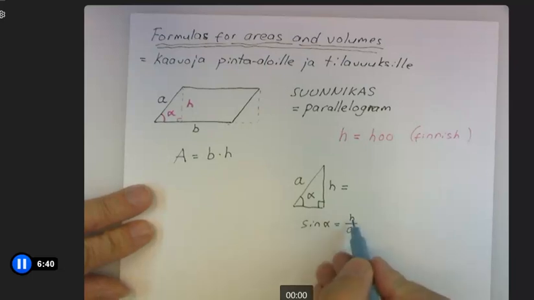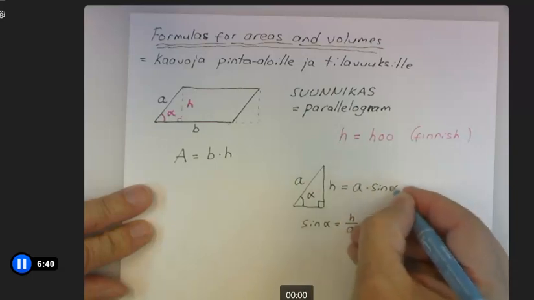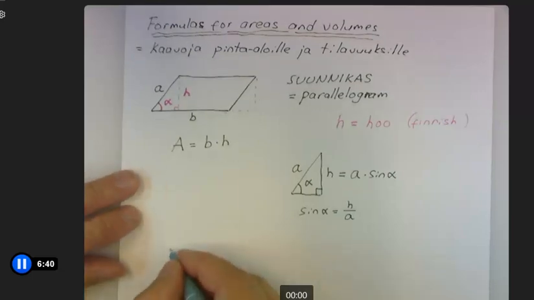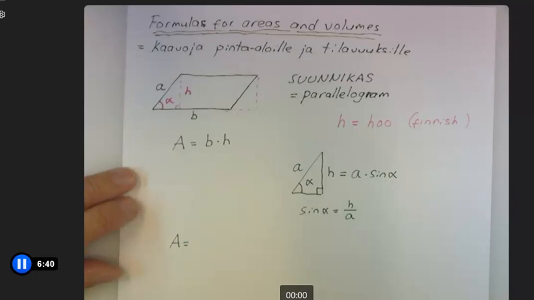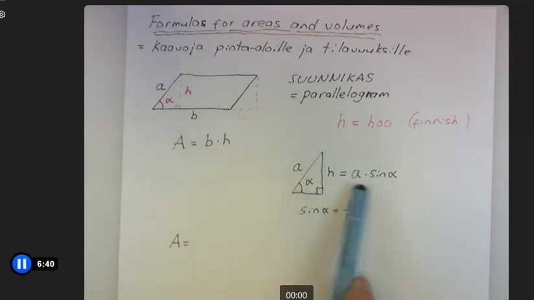So when we solve the H here, we multiply these. So it is A times sine alpha. So in this case, we would write the equation for the area of this figure, B times A sine alpha.